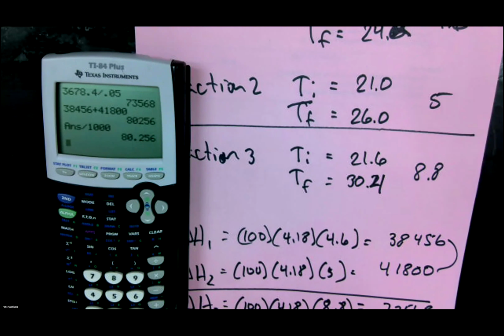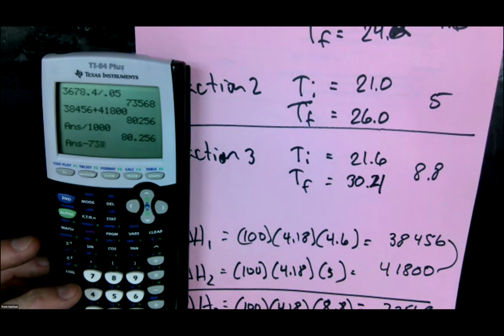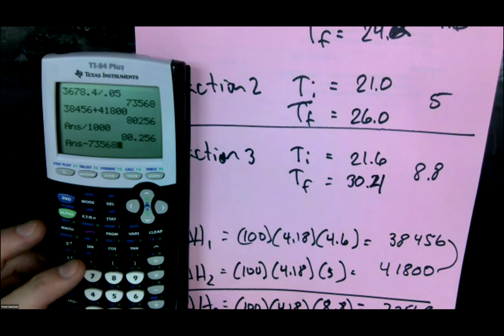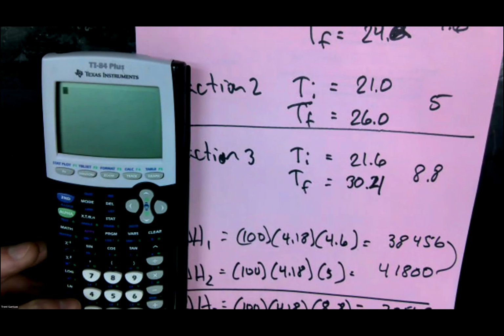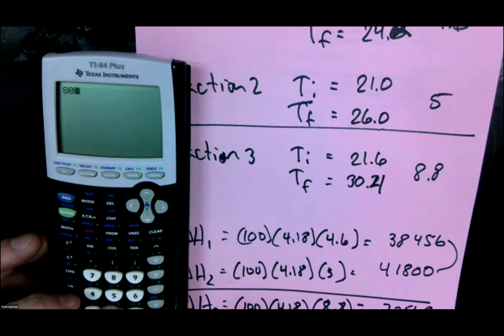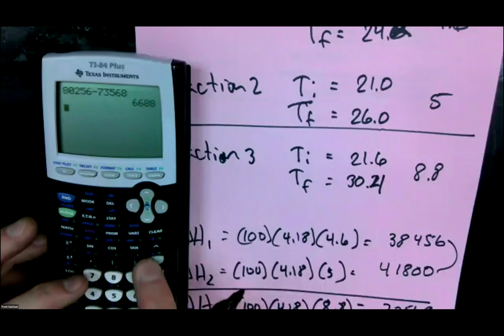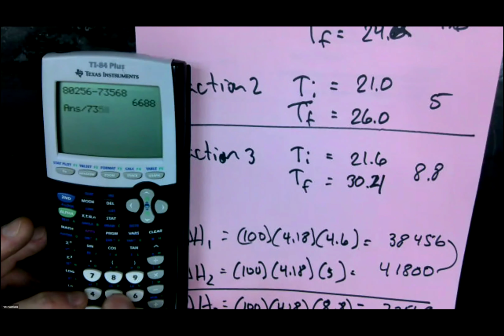So we'll subtract that from 73,568, divide by 73,568, and we'll get our percent error. Oops, try that again. 80,256 minus 73,568 divided by 73,568.